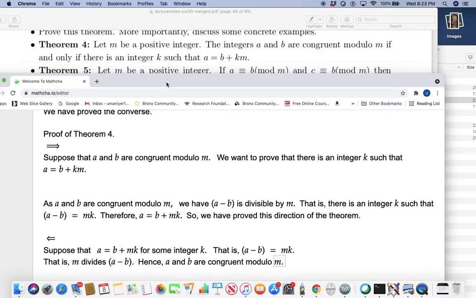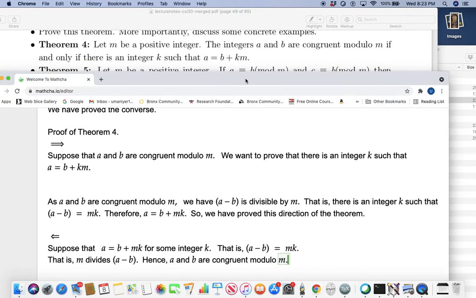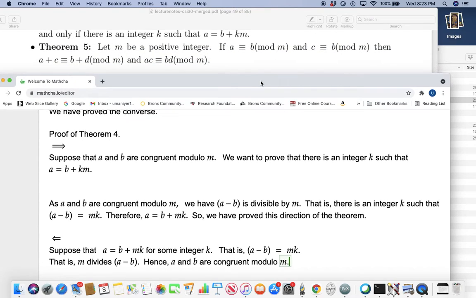All right. So these are straightforward. Following the definitions, you can carefully prove these results. So similarly, prove the following. Take some time. Just follow the definitions. Let m be a positive integer.